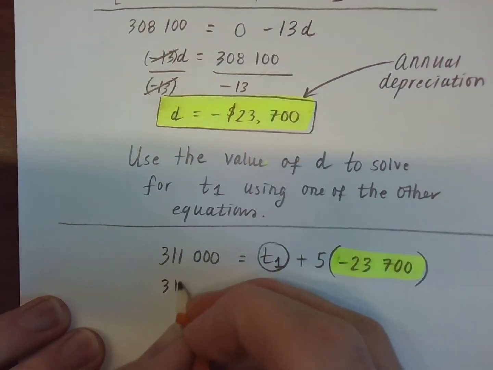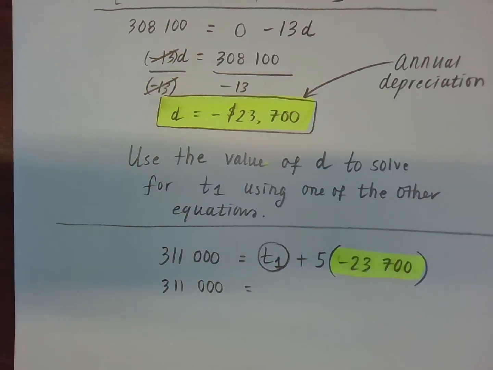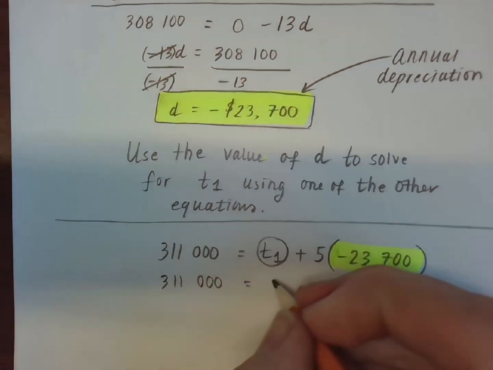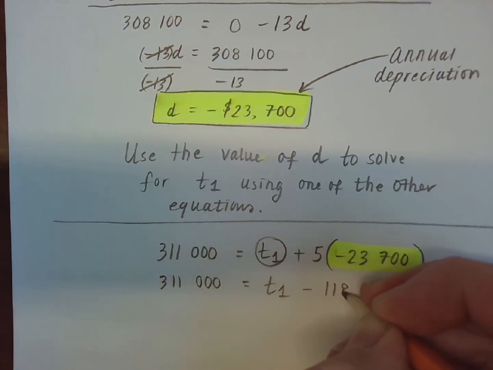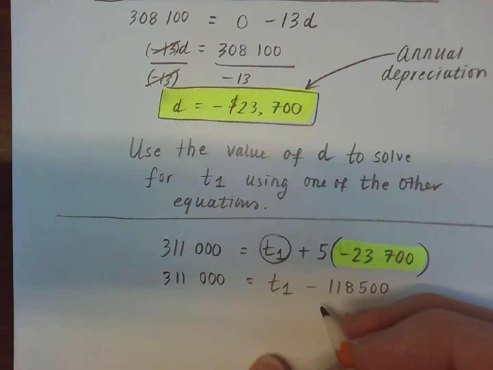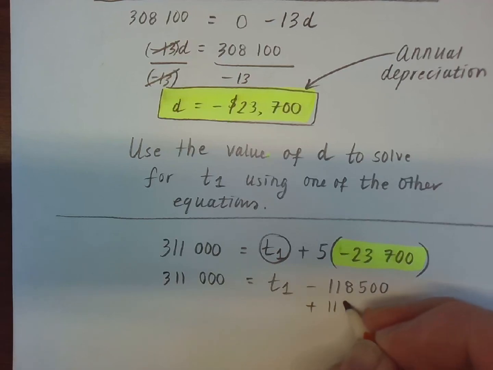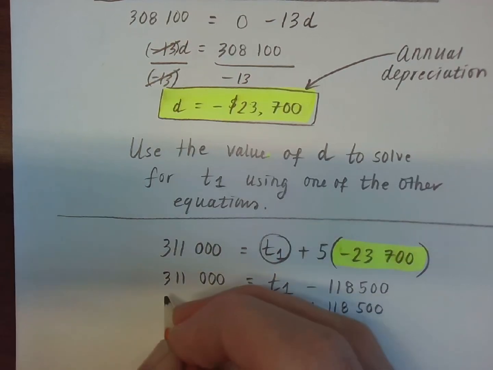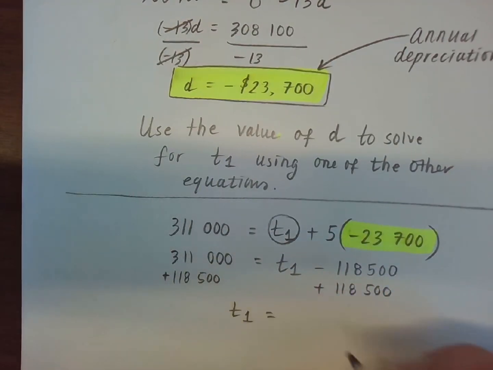So 311,000 equals T1 minus 118,500, and then I can add 118,500 on both sides, and that's going to give me T1 by itself.